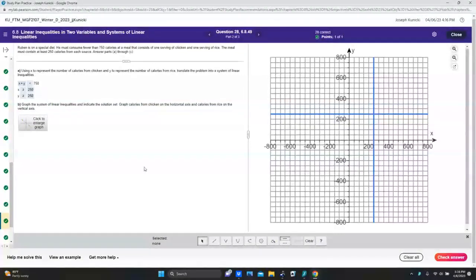And lastly, the sum is less than 750. So if you were to draw it's a dotted line this time. I don't know why, but it's a dotted line. So I have to do line tool, dotted line. And the intercepts are both 750.